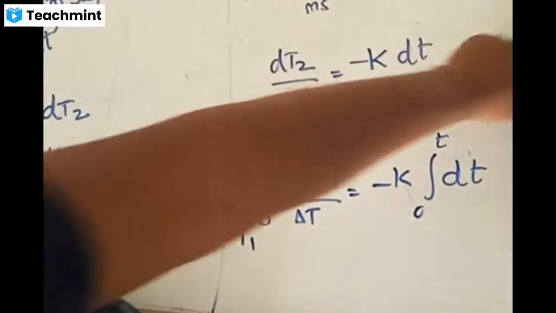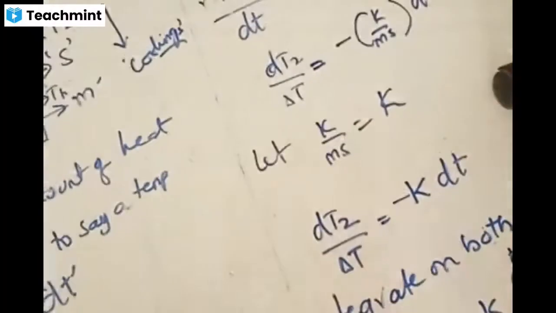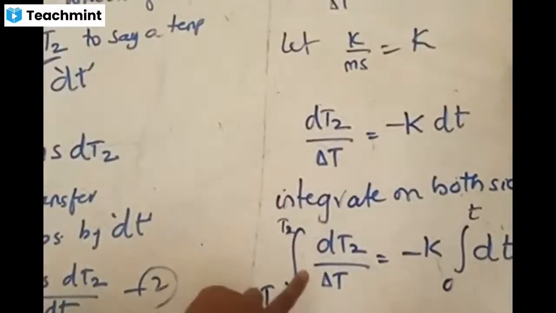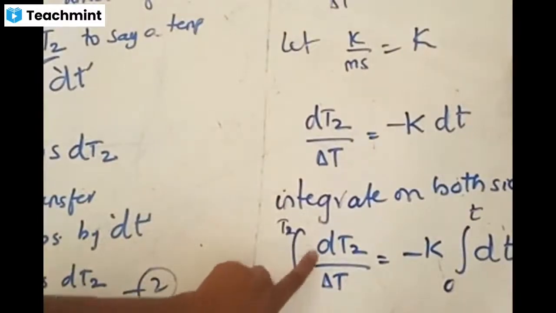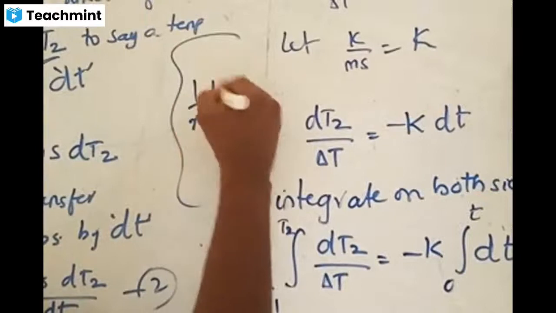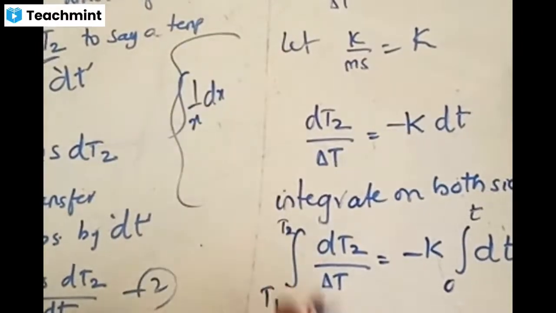We are just doing the mathematical steps here. What is this form? It is the integration of 1 by x dx.